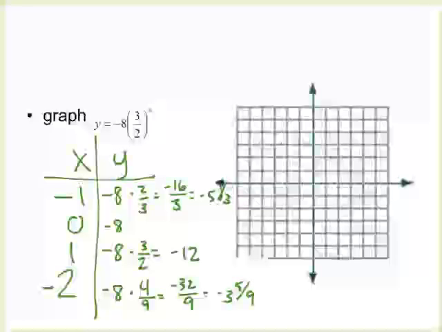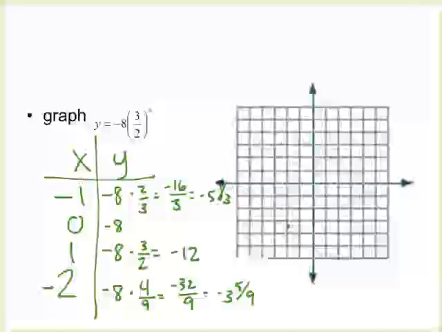And again, you can feel free to go to decimals if you prefer to just do your arithmetic on your calculator. That's fine, because we're just getting approximate values to be able to plot onto the graph. So when we plot these then, I'll start with that one, negative 2 and about negative 3.5.